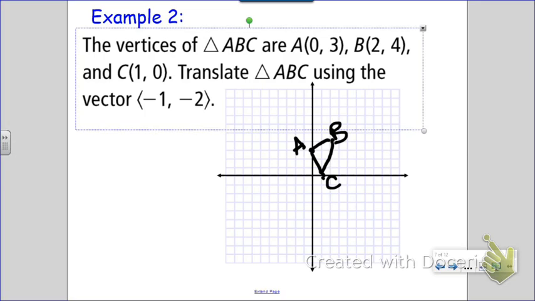So we're asked to simply translate it, so I would move it 1 to the left and 2 down for each point. Our new triangle is called the image. And this would be, with what looks like an apostrophe, prime for image.